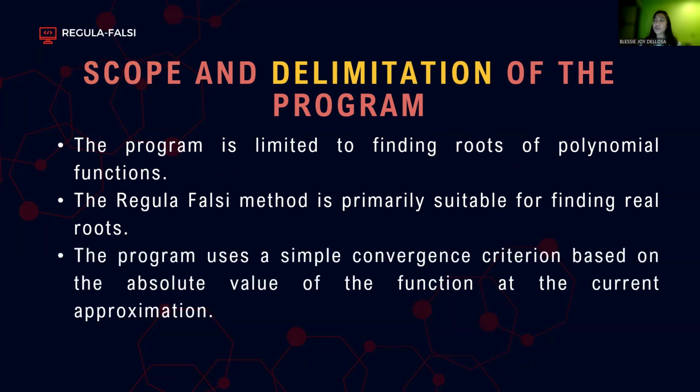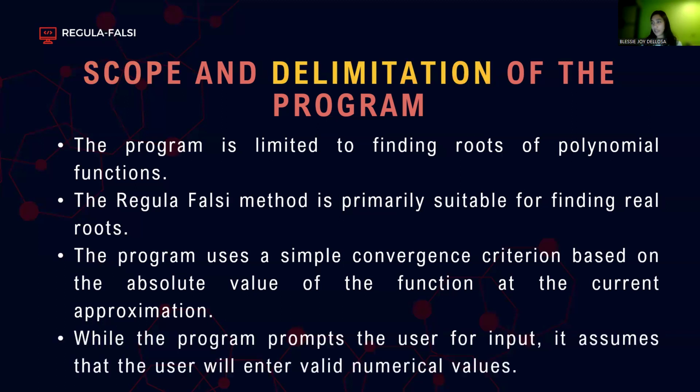Next, the program uses a simple convergence criterion based on the absolute value of the function at the current approximation. With that, it may not cover all possible cases, and users should be aware of this limitation. Next one is a major thing as a delimitation.